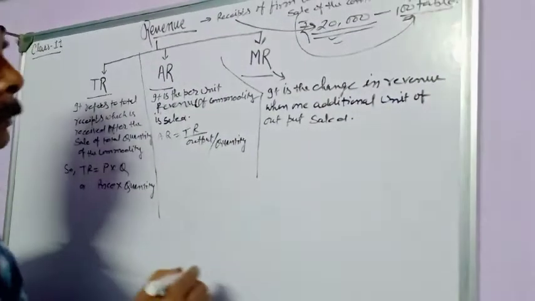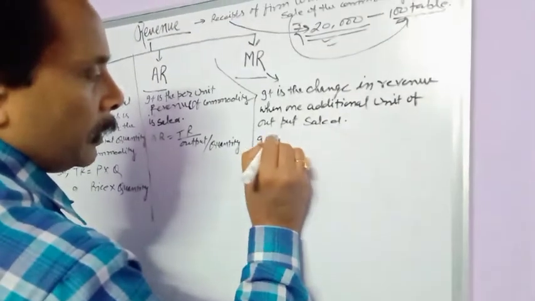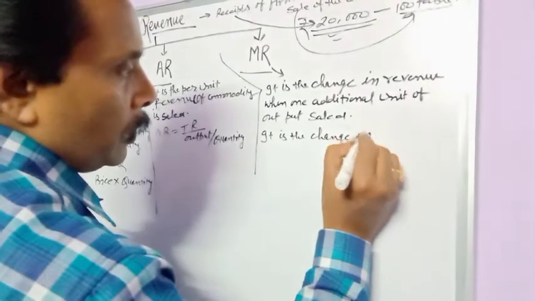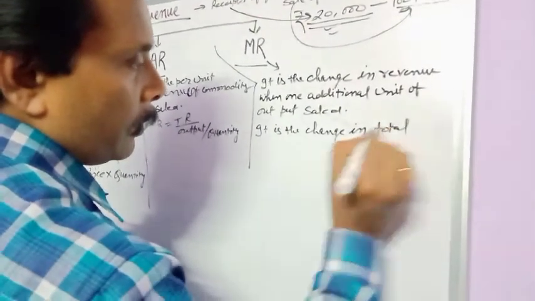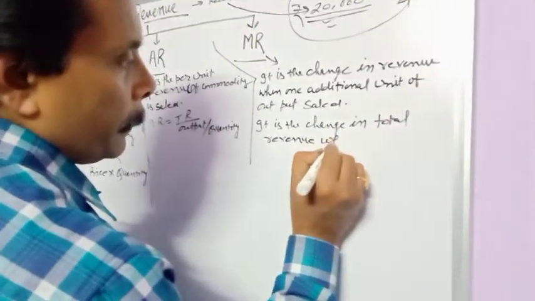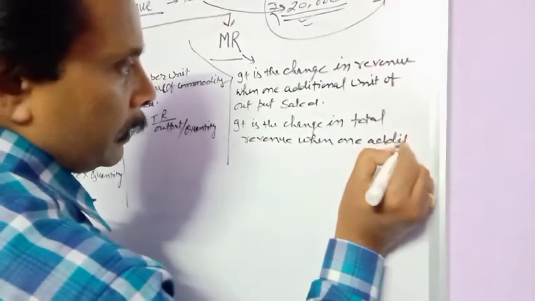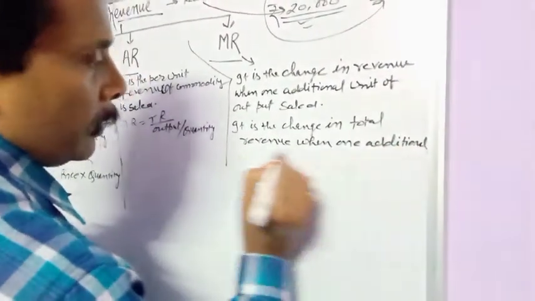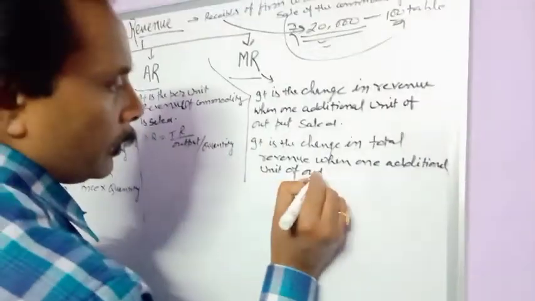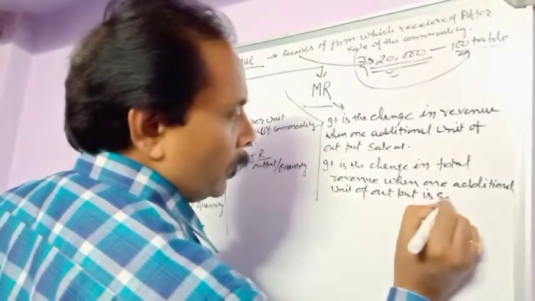Or in simple words we can say it is the change in total revenue when one additional unit of output is sold.